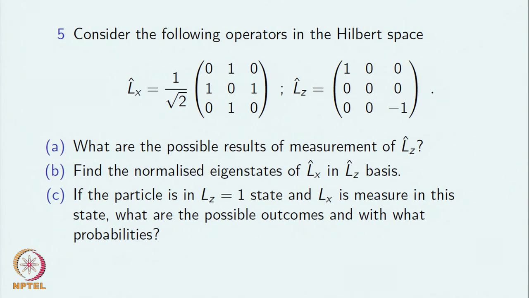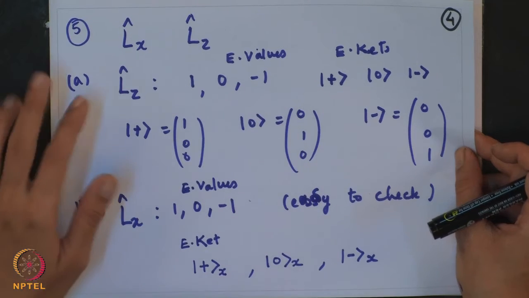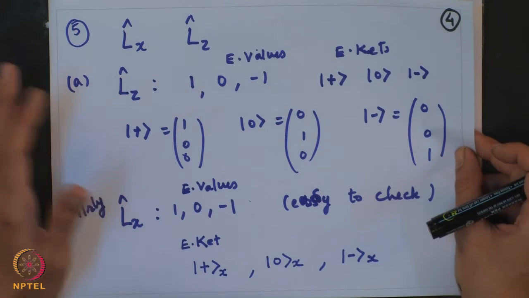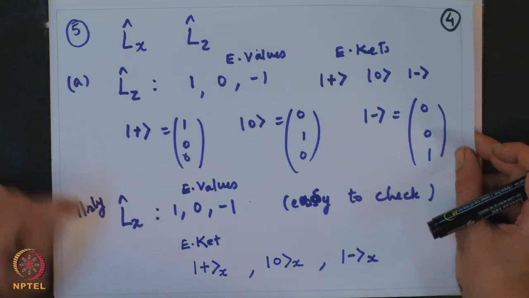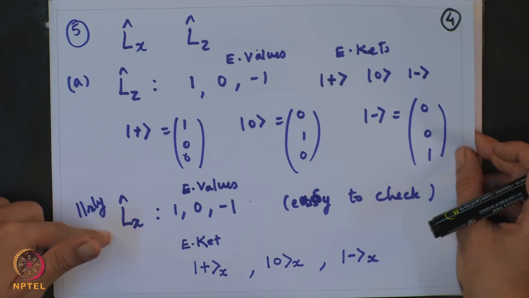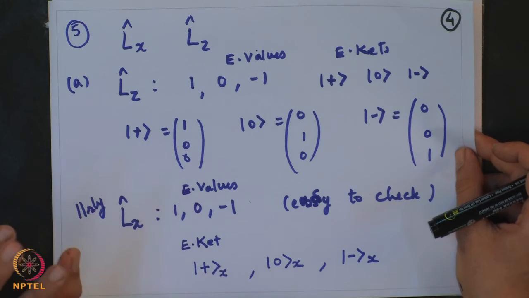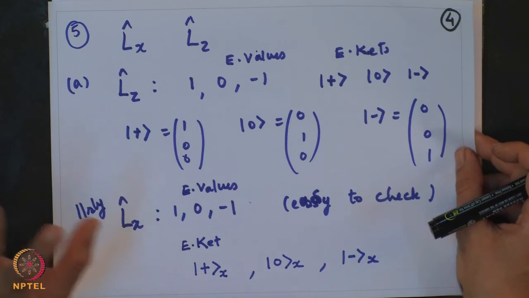Once you do that, you will be able to calculate the possible measurements of Lz. We have seen that these are the possible measurements, that is, it can take eigenvalues 1, 0, minus 1, and the corresponding eigenkets we have seen. For Lx we have to find this, so that we can write the normalized eigenket of Lx in the Lz basis.